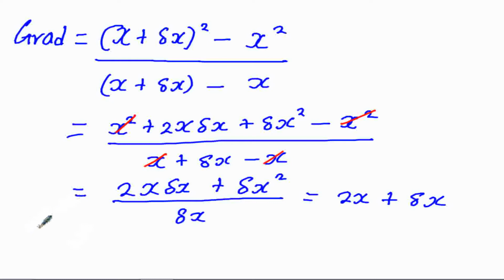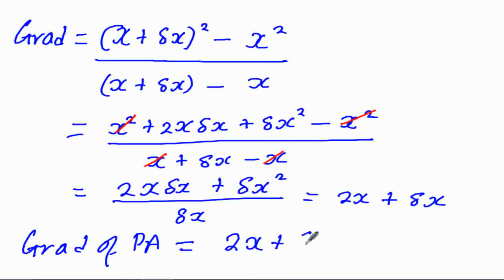So this should have been the gradient of the line AP or PA, the gradient of our chord PA, is equal to 2x plus small change in x.